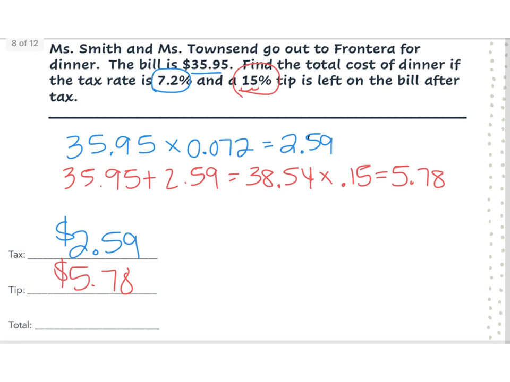So the last step here is we are going to take the cost of the bill, including our tax, which is the $38.54, and we are going to now add our tip, which was 5.78, and that will get us our total, which is going to be $44.34.